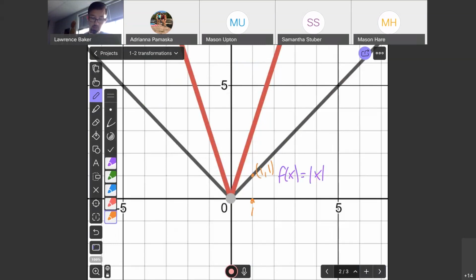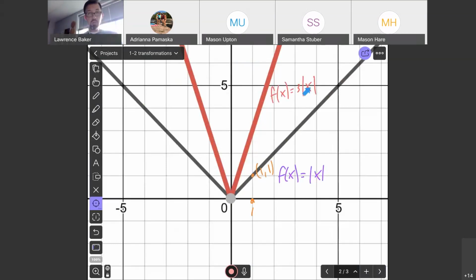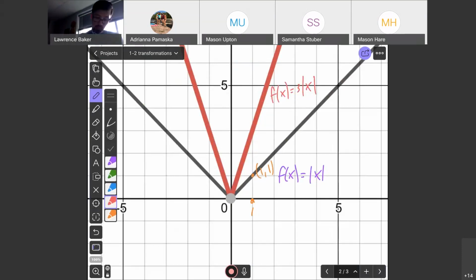If I plug in that same x value for this function, f of x equals 3 times the absolute value of x, it takes the absolute value of 1, which is 1, and multiplies it by 3, which gives me an answer of 3. So it's spitting back out this point 1, 3.